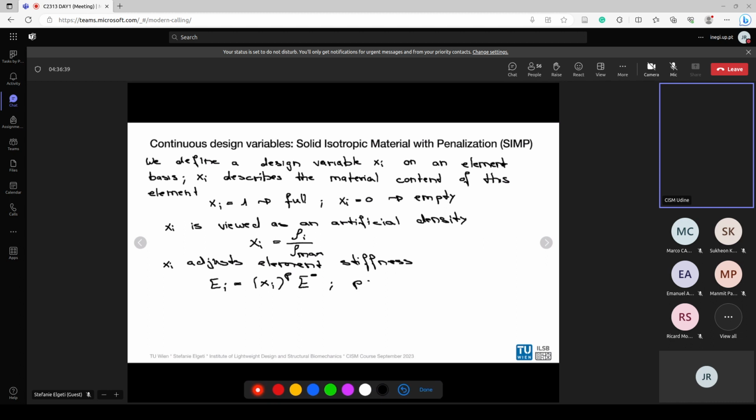And p is somehow larger than 1. And this power law formulation punishes intermediate values.